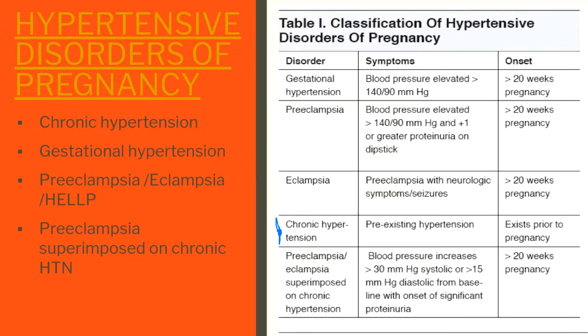A lot of times, women who have chronic hypertension have pre-existing hypertension that exists prior to pregnancy. We might not be able to diagnose her with chronic hypertension until she's done being pregnant, because I don't really have a way of knowing if this is gestational hypertension or chronic hypertension.